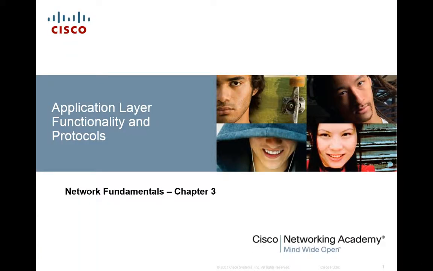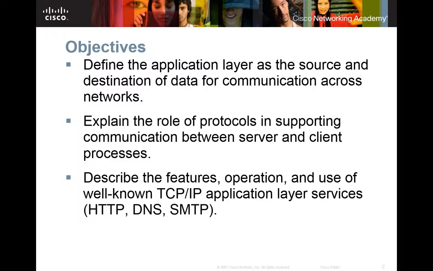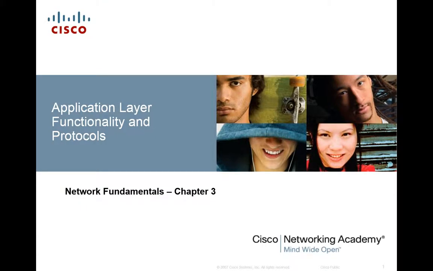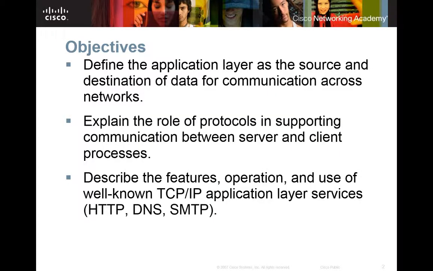All right, we're going to talk about Chapter 3 now. We're going to talk about the highest layers, which are the application layers, the functionality of the application layer. And then we'll talk about the transport layer, and then that'll be the end of this lecture. For the application layer, we're going to talk about the source and destination of data for communications across networks.